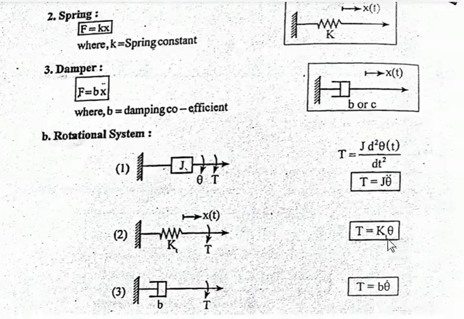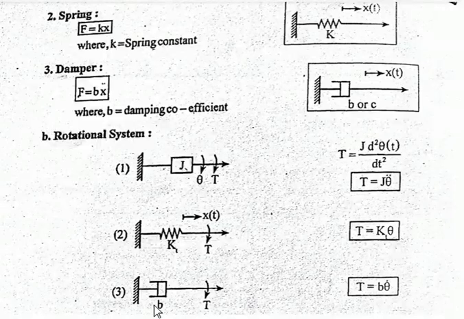Kt is the spring constant, and the torque displaces and rotates the rotational system. That's why T is equal to Kt into theta. But in the rotational system, if it is a mass, then T is equal to J theta double dot.